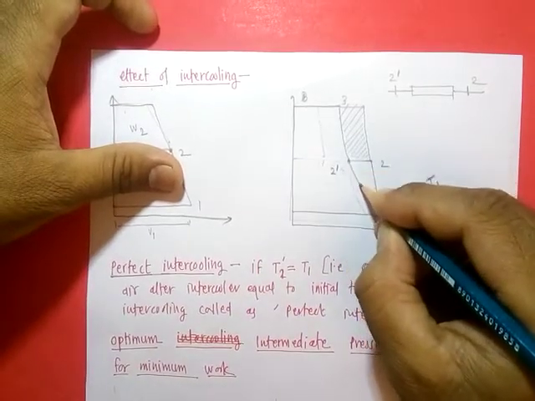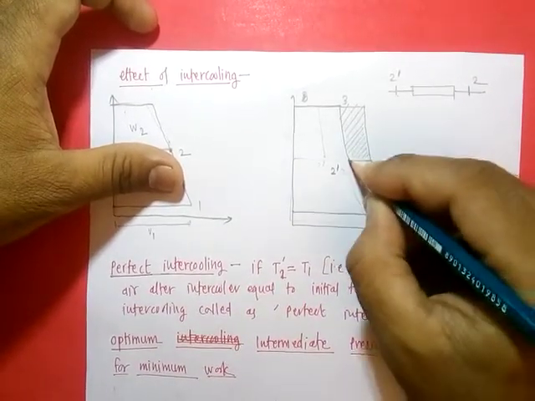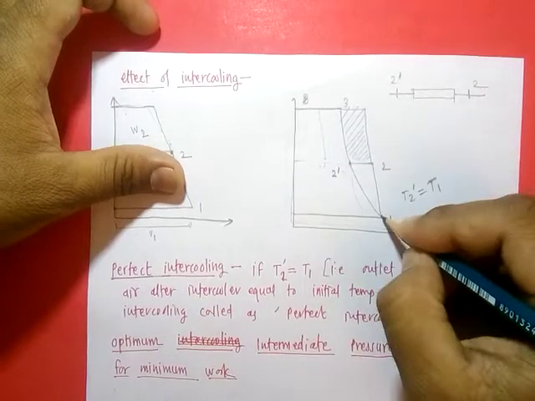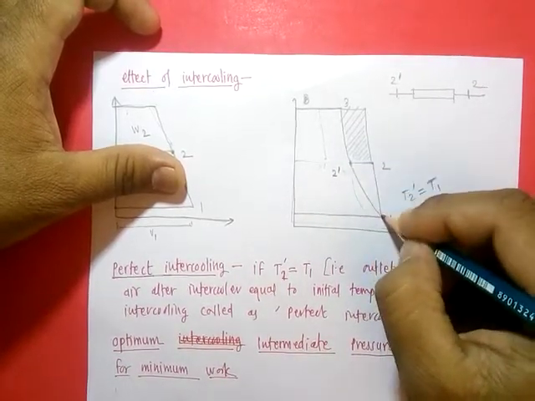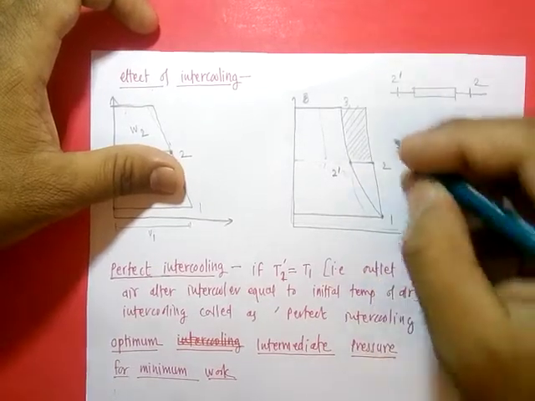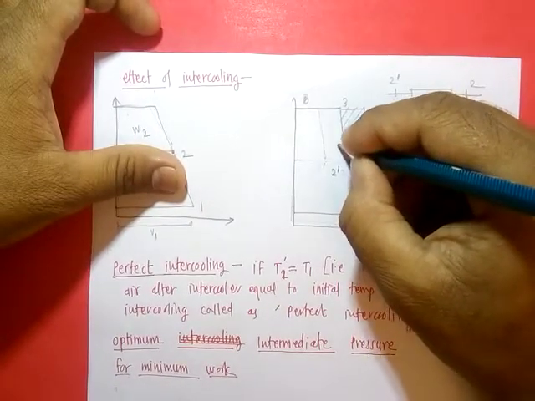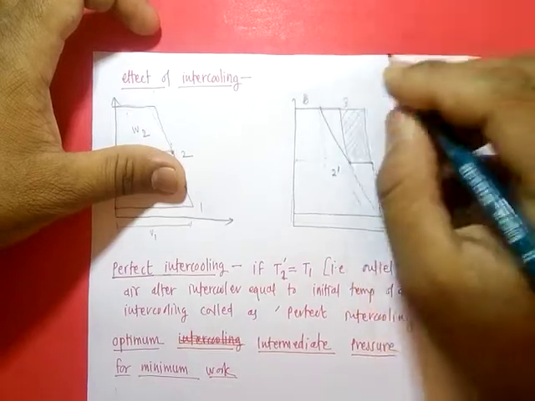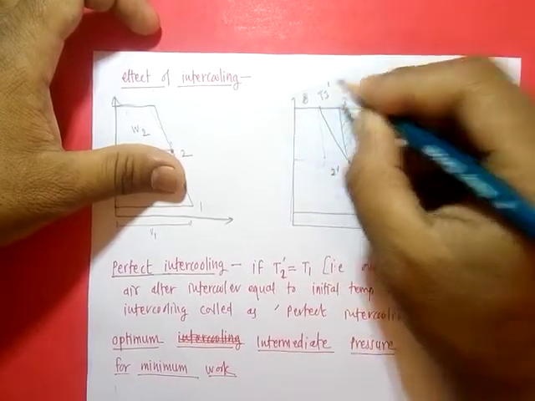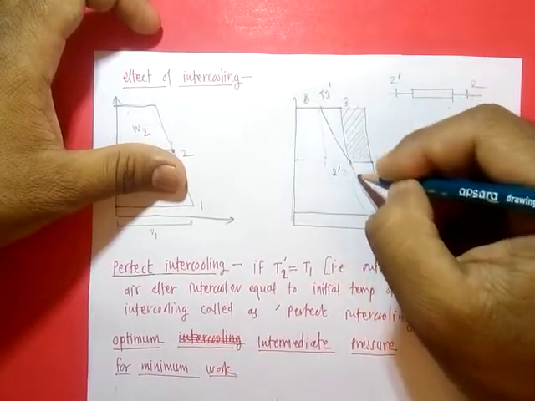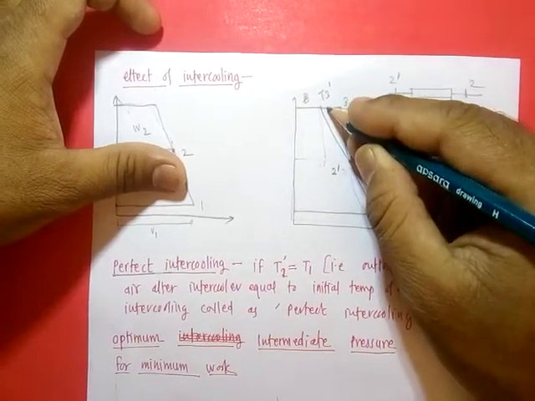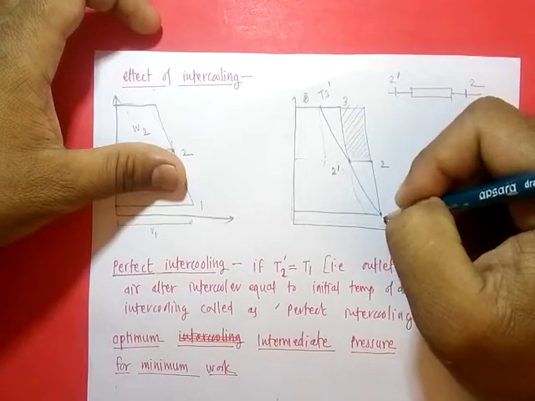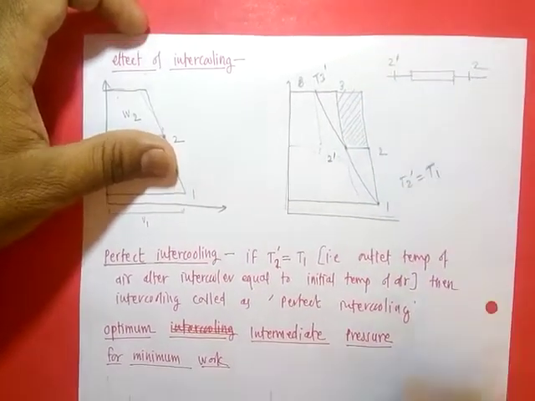If we join this line, then this temperature and this temperature are the same, so this process will represent an isothermal process, and in this way the process to T3 dash. On this curve all the points have the same temperature, so the process is called an isothermal process.